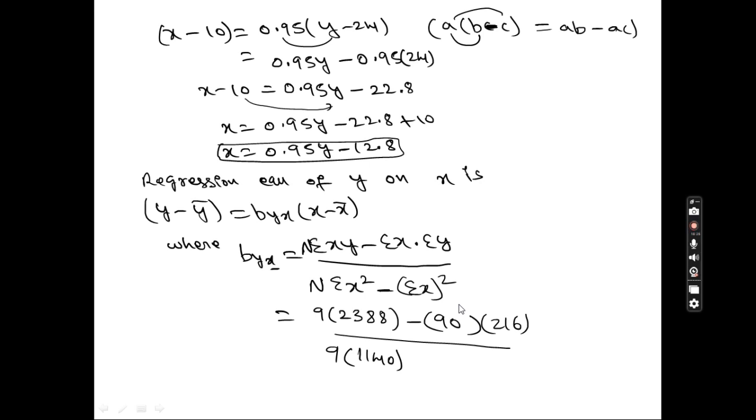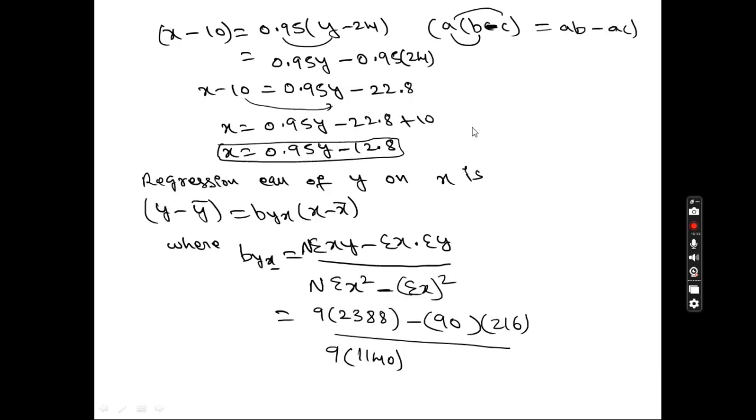Just wait, I am taking the pen option. Now what I will write here: into summation x square, and 90 whole square.